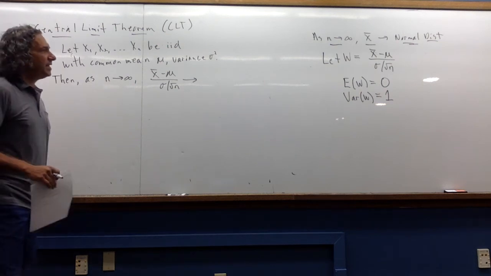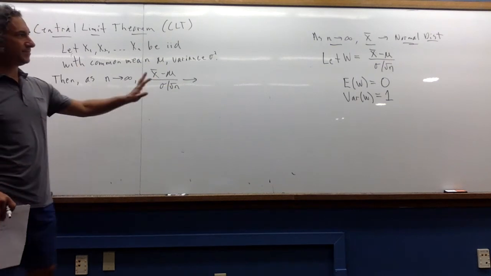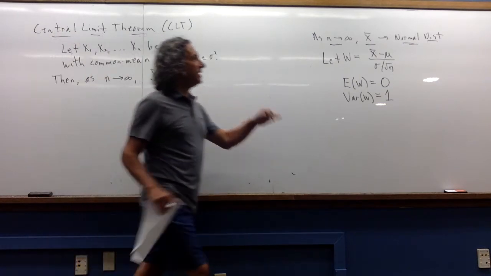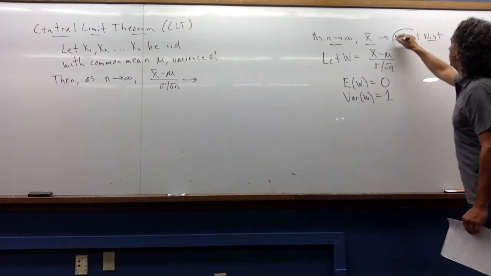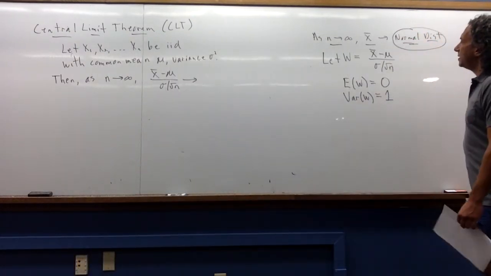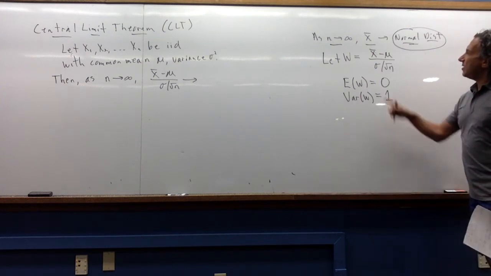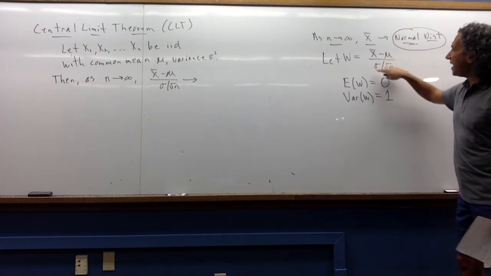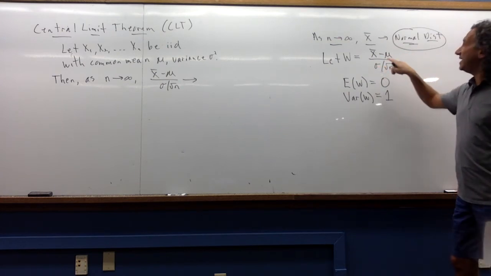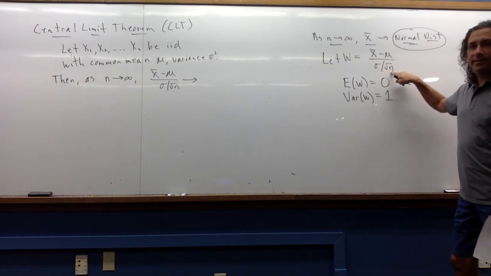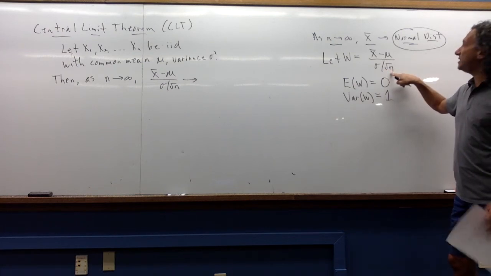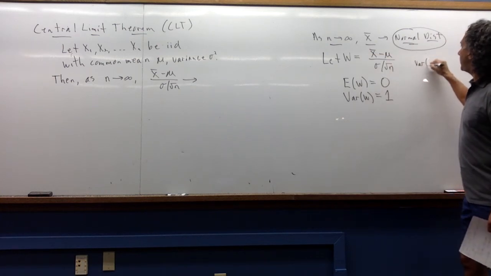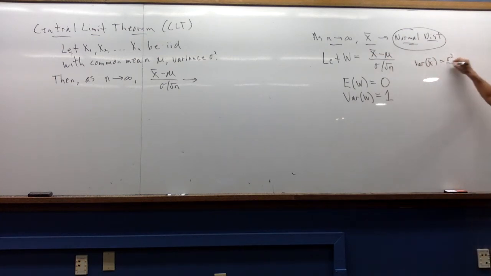Well, hopefully you said, and admittedly, this is pretty conceptual, so if you didn't get this, don't feel bad, but x bar is becoming more and more normal. We are taking a normal distribution, we're subtracting its mean, and we're dividing by its standard deviation. Sigma over root n is just the standard deviation of x bar, since the variance of x bar is sigma squared over n.